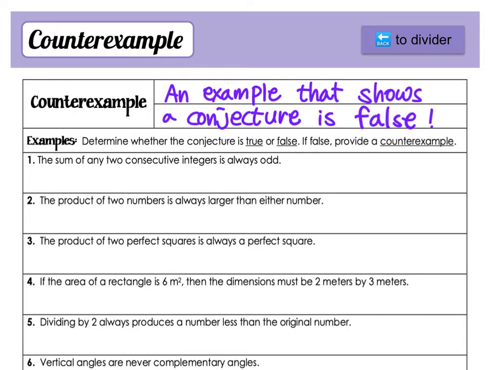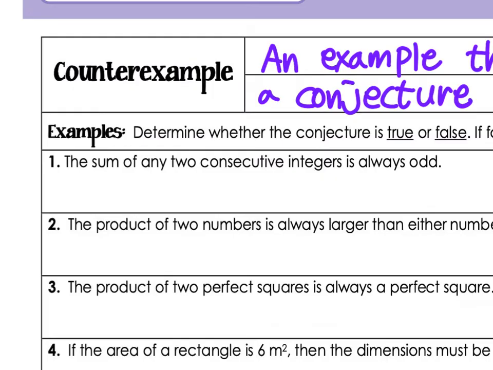The sum of any two consecutive integers is always odd. First, let's see if the conjecture is true or false. In order to do that, you need to understand the statement, right? So the sum means the addition. And what about consecutive integers? We used the term consecutive even yesterday.